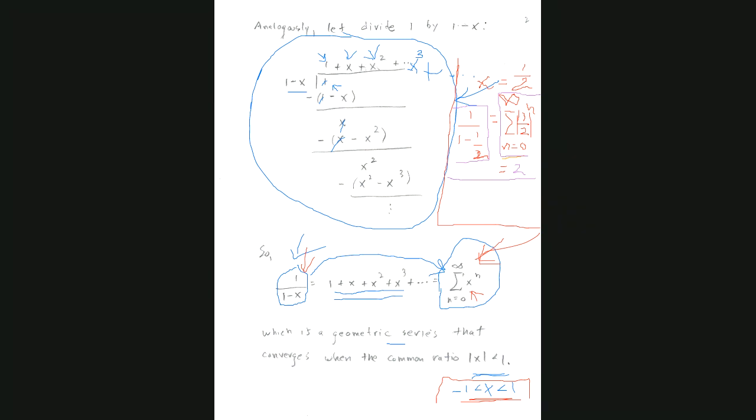Okay. Now let's look at another value. Let's say you had 1 over 1 minus 3.